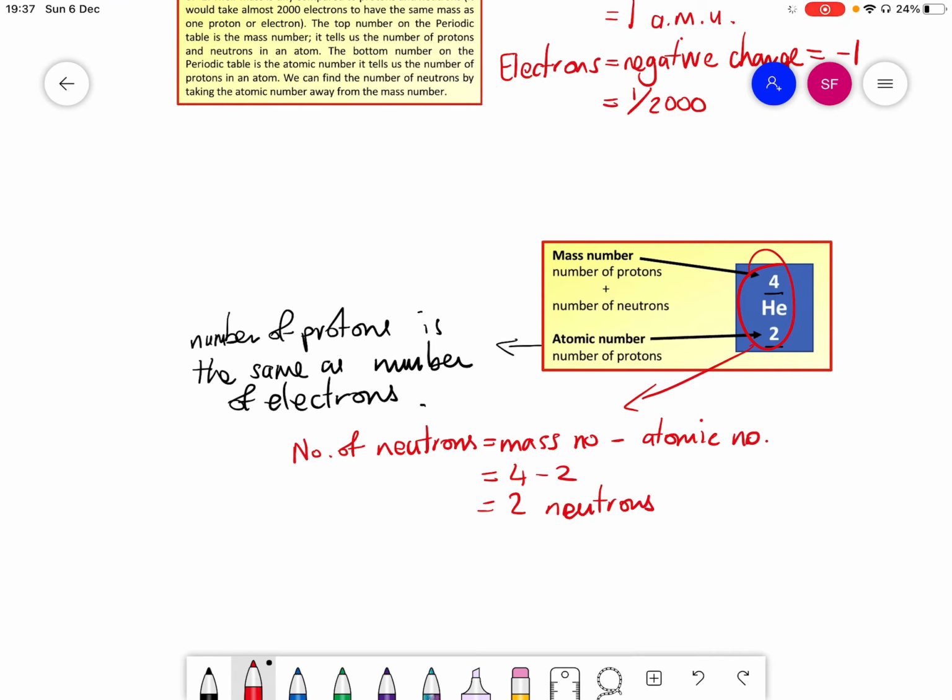So if we were to write down what's going on inside of our helium atom, we would have 2 protons, 2 neutrons, and 2 electrons. So that's what we can find out from our periodic table. We can do this with any atom on the periodic table as long as we know the mass number and the atomic number as well.